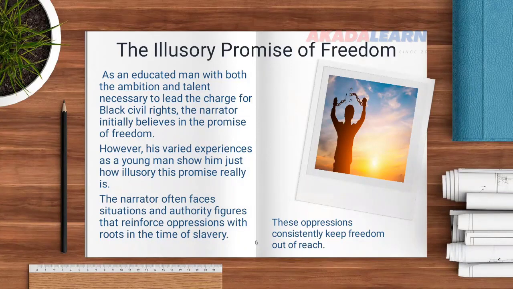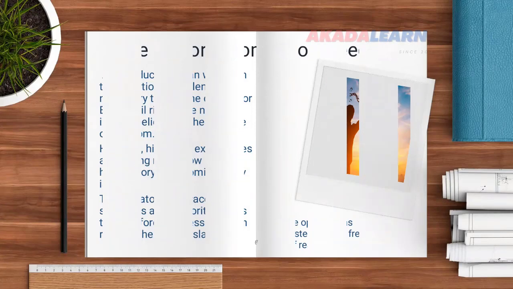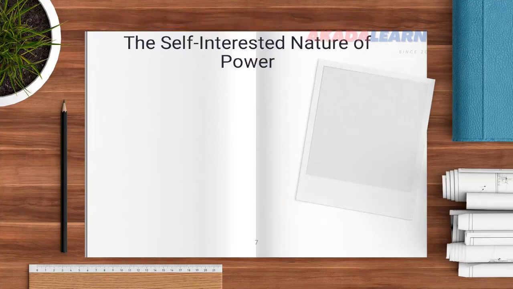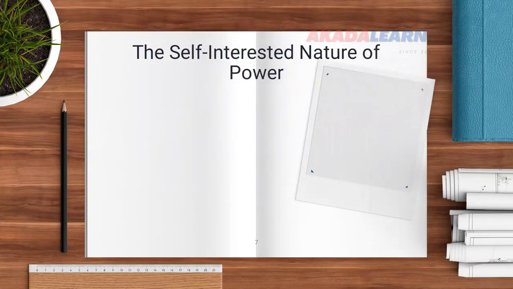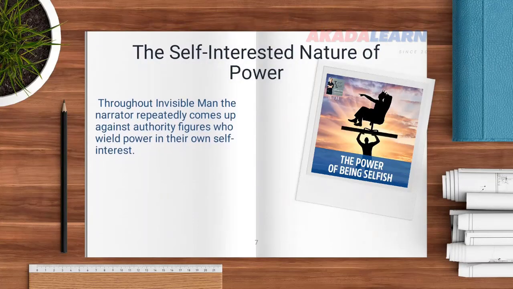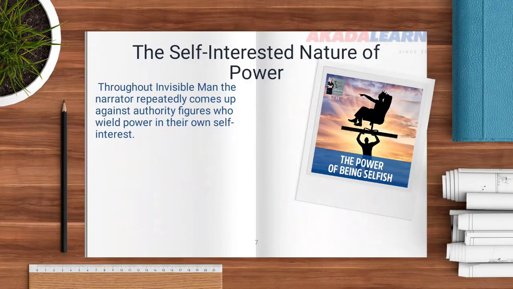The black people were never to see freedom because there were certain people planted among them that were suppressing these efforts. We also have the theme of the self-interested nature of power. Throughout Invisible Man, the narrator repeatedly comes up against authority figures who wield power in their own selfish interest.